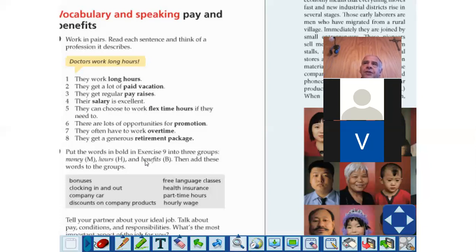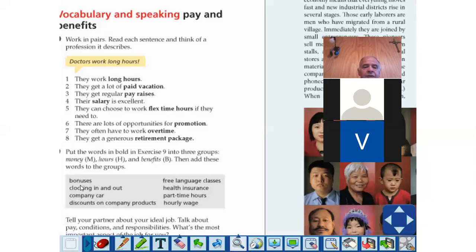So it's a benefit too, apart from hours. Okay, promotion. Benefits and money. Benefits and money, yes, right. Overtime. Hours. And retirement package. Benefits and money. And money, yeah.